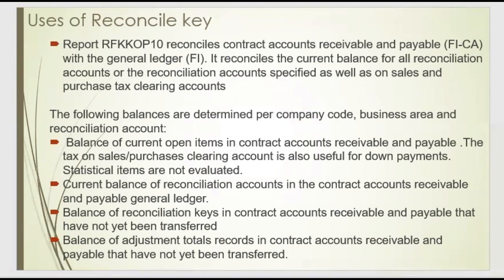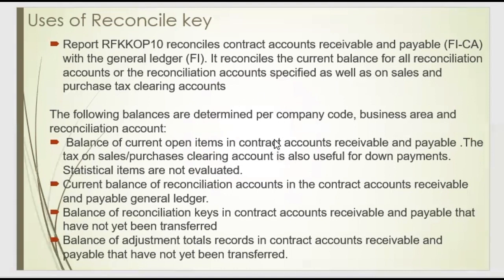Similarly, in the utility industry, we are selling energy and we need to get money. Once we get the money, we need to check whether whatever we are collecting is correct or not. To check that, we need to hold the data or the item somewhere, and that staging table is the reconciliation. It reconciles both the collection and the open items.